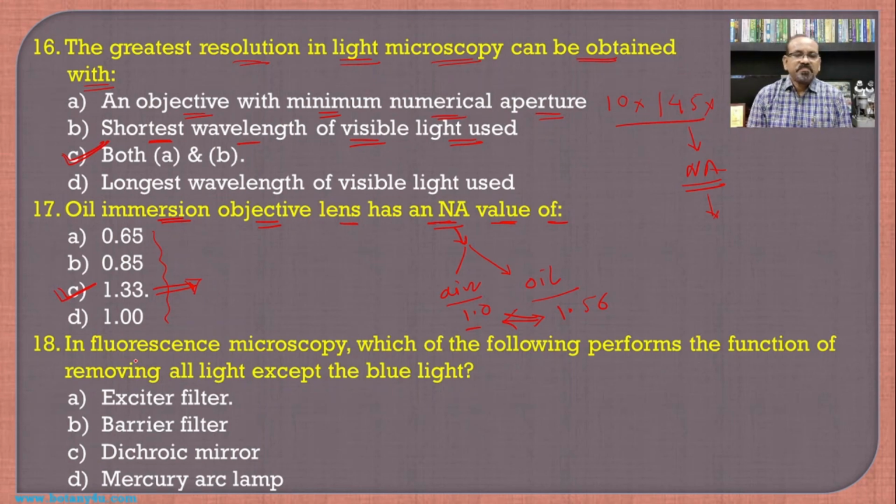In fluorescence microscopy, which of the following performs the function of removing all light except the blue light?